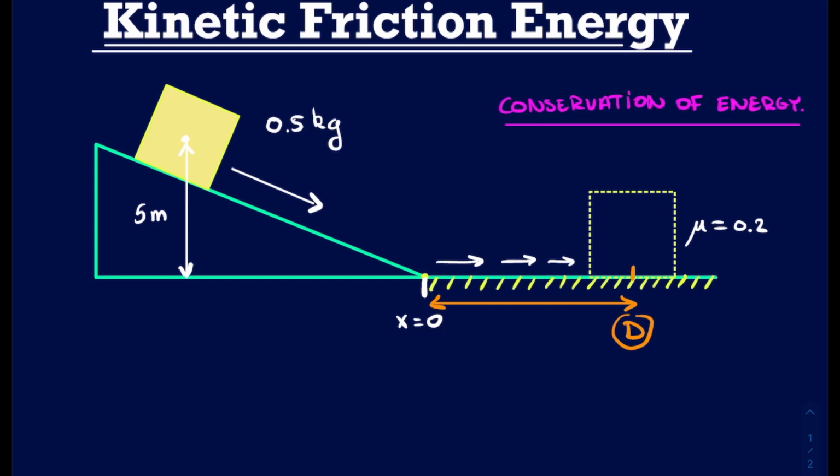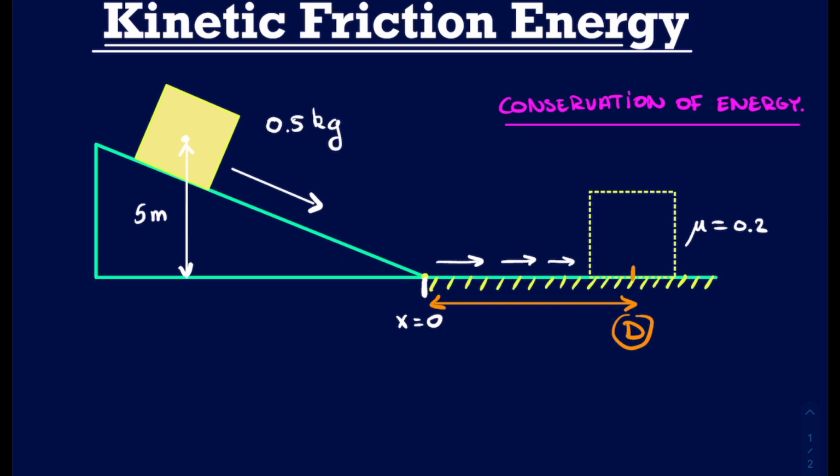To solve such exercises, you can easily use conservation of energy without having to deal with calculating velocities and distances and whatnot. What this law says is that energy cannot be destroyed, only transformed into other kinds of energy.